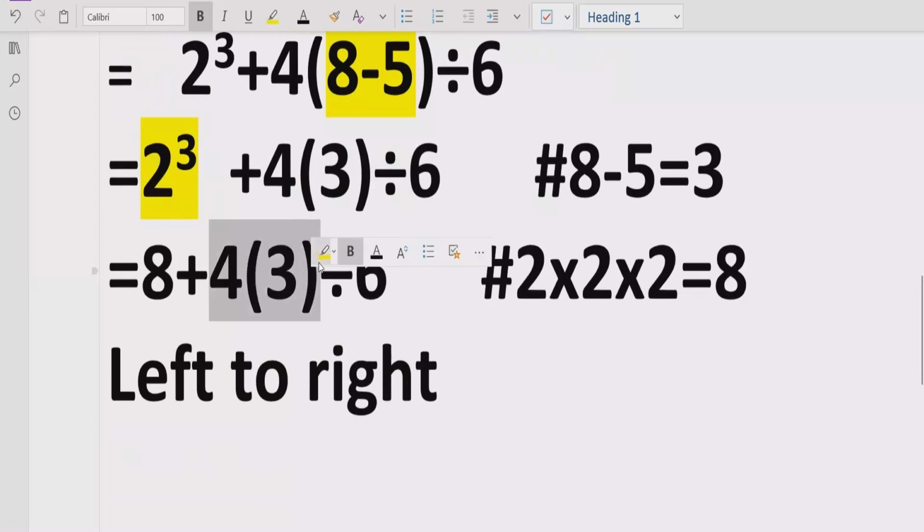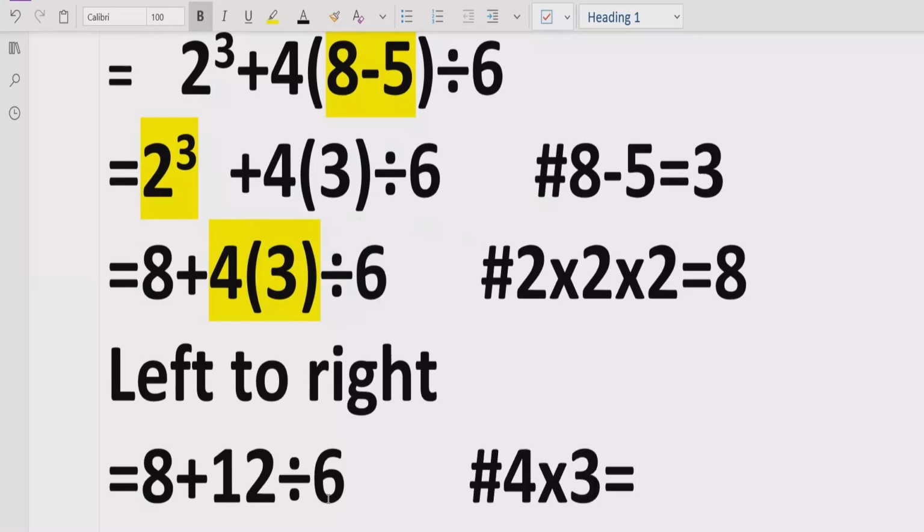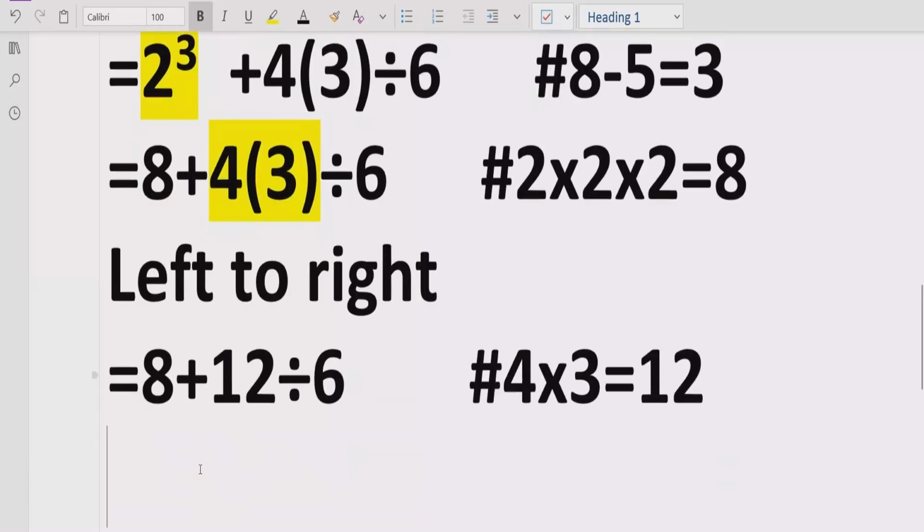Here we have this multiplication. We can write 8 plus 4 multiplied by 3 is 12, and divided by 6 we will write again as it is. Here we will write 4 multiplied by 3 because this is basically the implied multiplication, so we can multiply here.